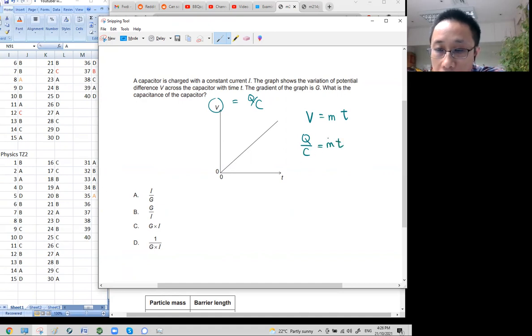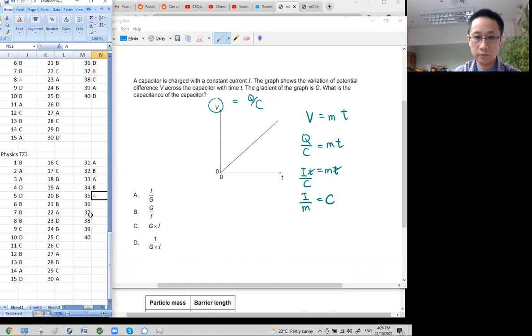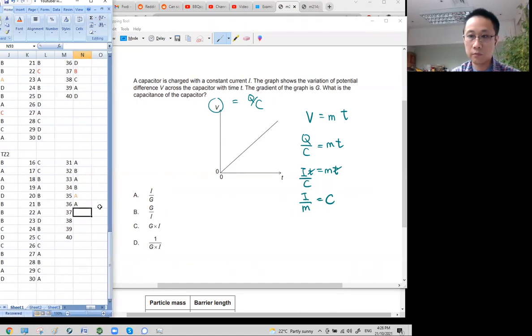And we have to bring in current, but the current equals Q over T, so Q equals I T. The times cancel and the capacitance would equal I divided by M. And M is the gradient, which is G. Oh, that's interesting. I think this should be correct.